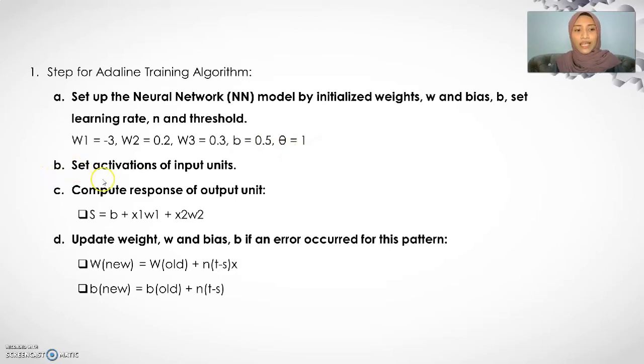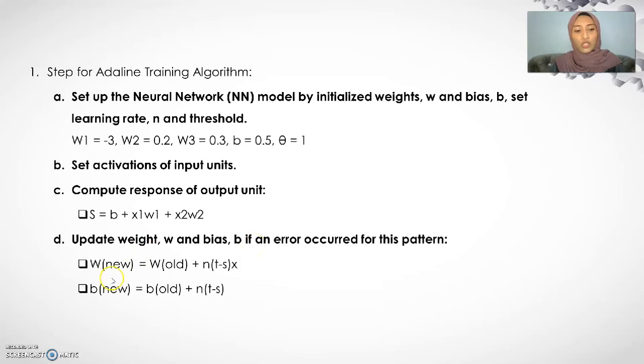Second, set the activation of the input units. Third step is to compute the response of the output unit, which is S equal to B plus S1 W1 plus S2 W2 plus S3 W3. And then update the weights and bias if an error occurs for this pattern.